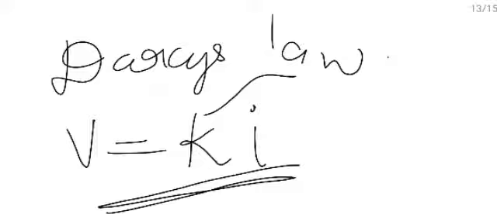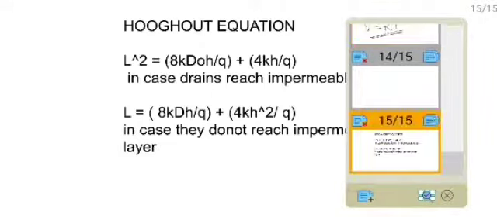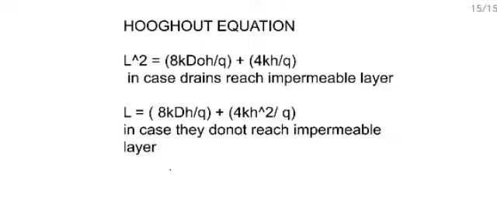Based on this, Hooghoudt obtained this equation: L square equal to 8K d naught H by Q plus 4K H square by Q, in case the drains reach an impermeable layer, that is, the water is drained to some impermeable aquifer using vertical drains.